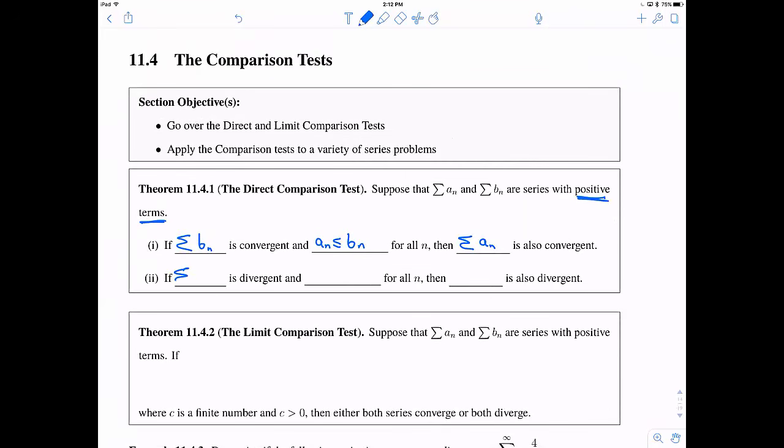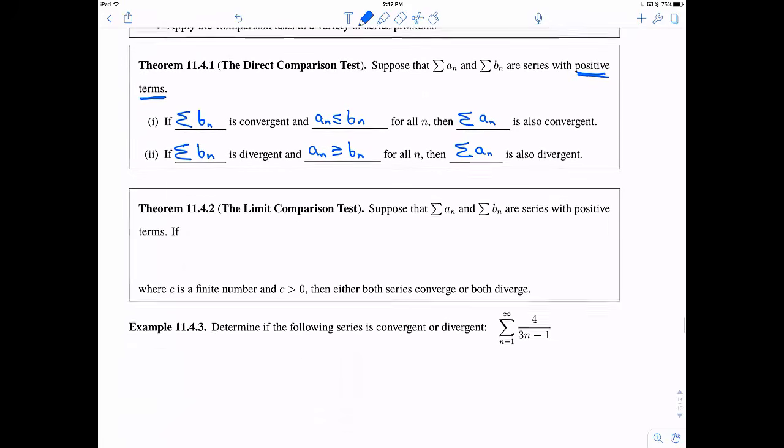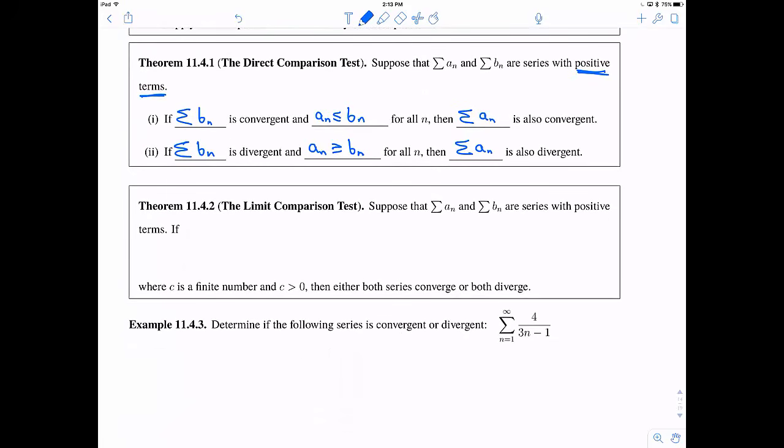Now, if the series with the b sub n terms is divergent and a sub n is greater than or equal to b sub n for all n, then the series with the a sub n terms is also divergent. So this is saying if the big one converges, then the small one converges. And if the small one diverges, then the big one diverges.